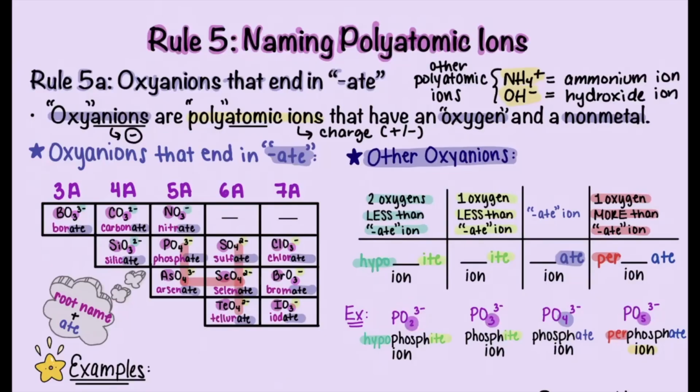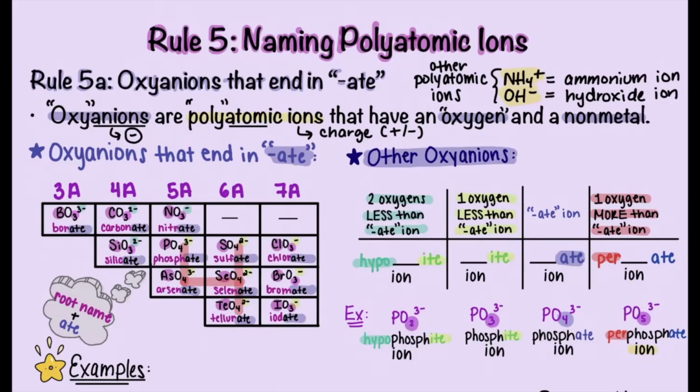And a neat little trick to help you remember hypo is that in science, for the most part, anytime you see the prefix hypo, that means something is very low. For example, if someone has hypotension, that means they have low blood pressure. If someone's hypoglycemic, that means they have low blood sugar levels or low blood glucose levels. So the same applies here.